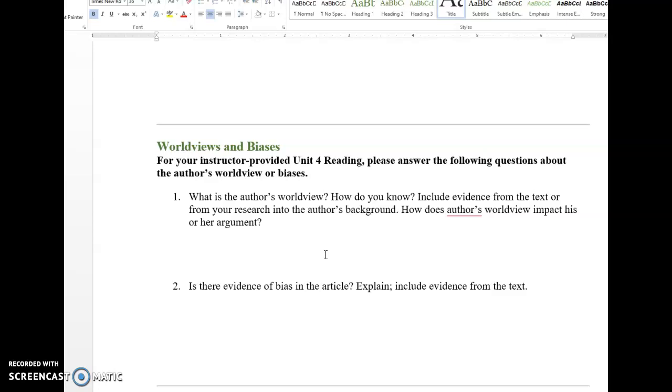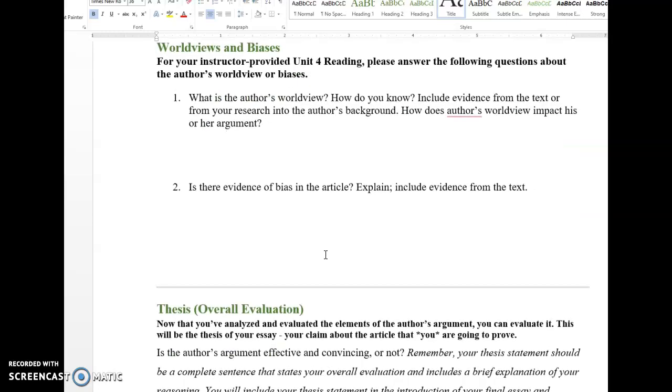Think about things like their political affiliation, their religious background, their regional background, where they're from. What contributes to the way that they see the world? Things like sexuality, religion, and political affiliation are all examples that might have an impact on the author's worldview.